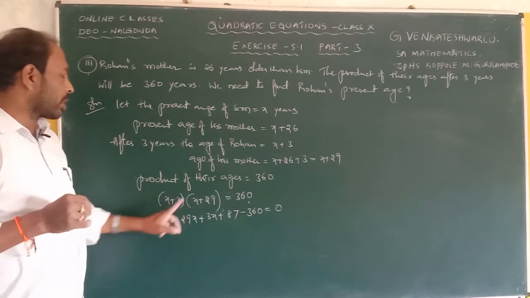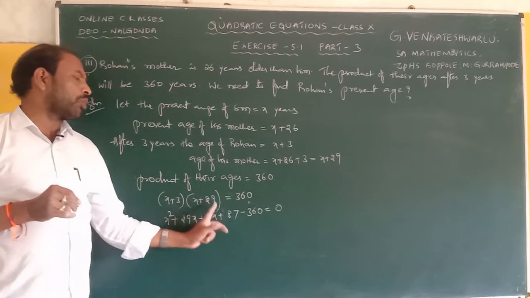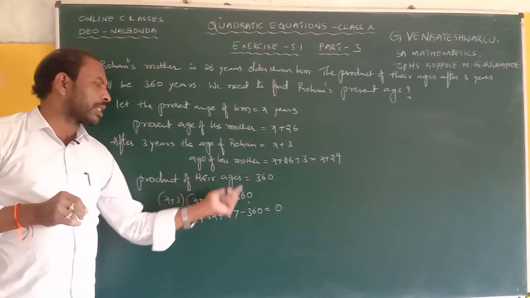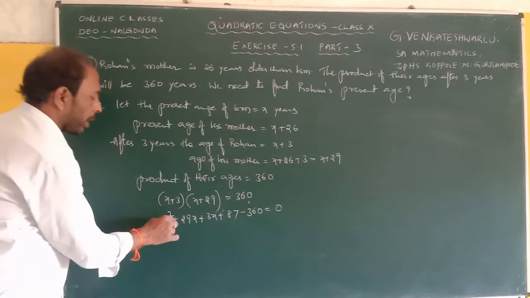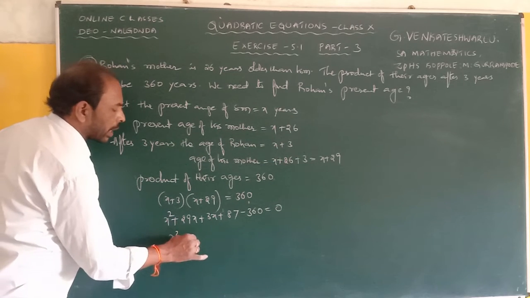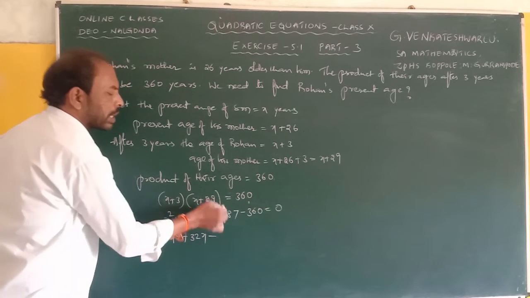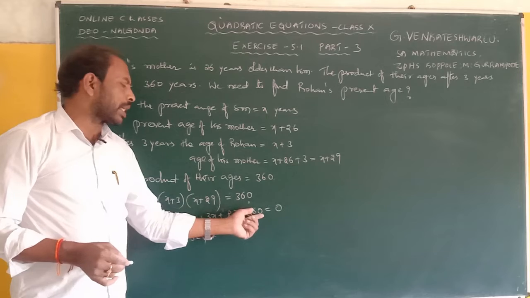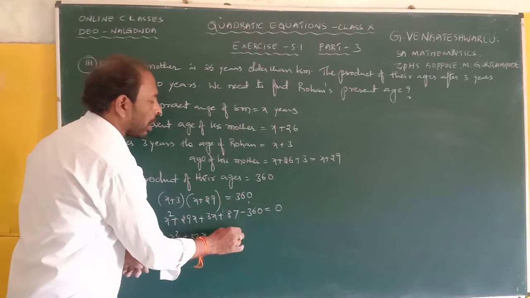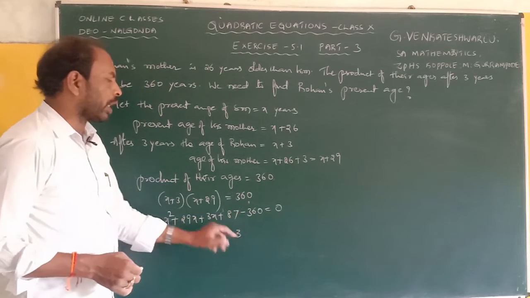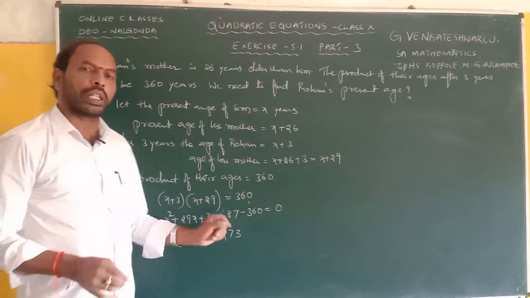After simplification, here x square plus 32x minus 360 equals 0. Both terms have opposite signs, so we need to subtract: 360 minus 27 gives 273.